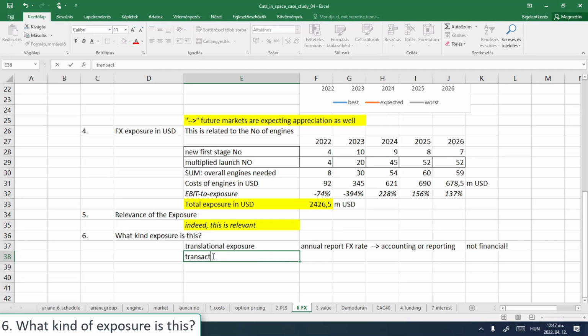Then transactional exposure. It means that when we are buying the engines, we have to pay in USD for each engine when we purchase them.